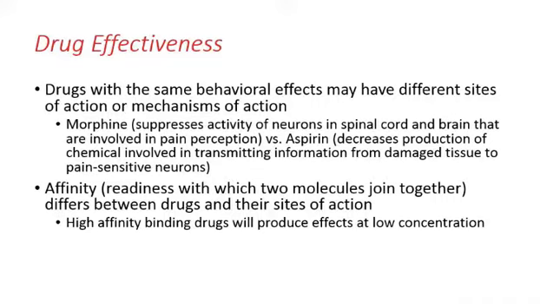So again, drugs don't always act in exactly the same way. They can have very different mechanisms of action, and they can have very different sites of action, one being more local and one being more central in the brain.